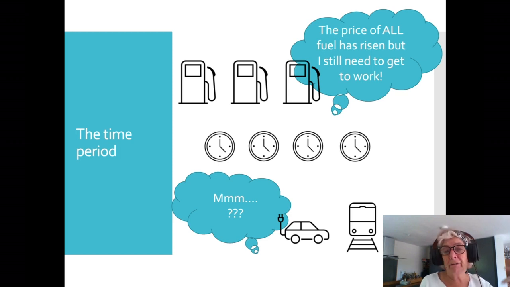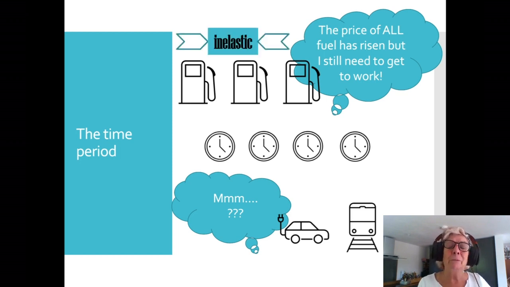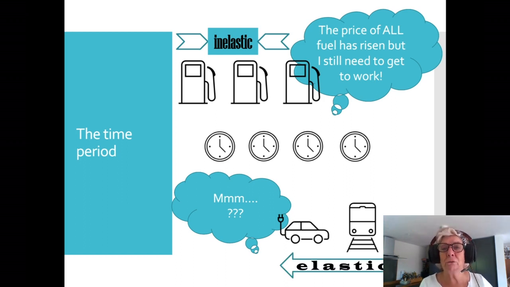Or perhaps I should get rid of my car altogether and start travelling by train. So demand tends to be more inelastic in the short run and more elastic in the long run, because in the long run we have time to change our patterns of demand. We can do something different.